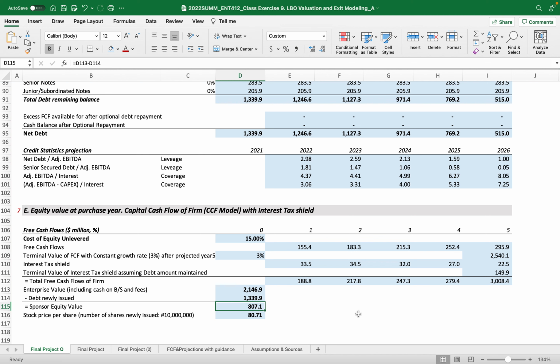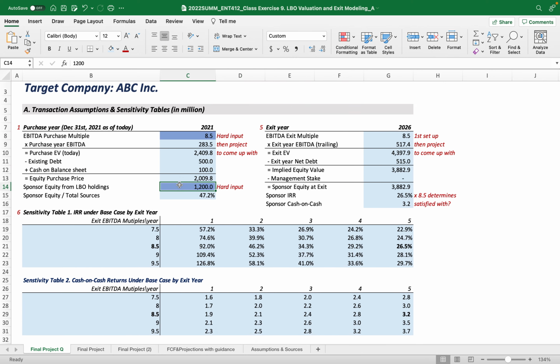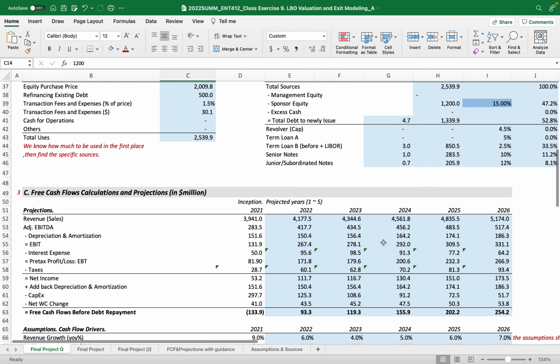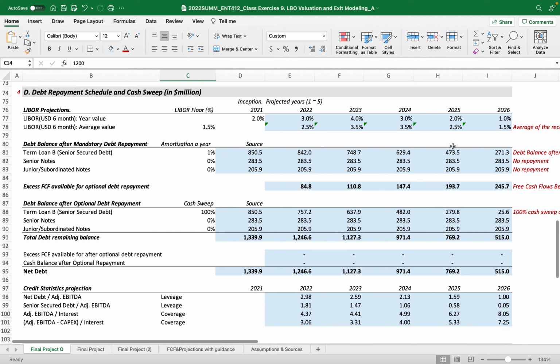The sponsor equity value using this CCF model, the DCF model, is 807 million, but what we assumed is 1200. It doesn't match, right? Because we need to justify this 15% cost of equity.